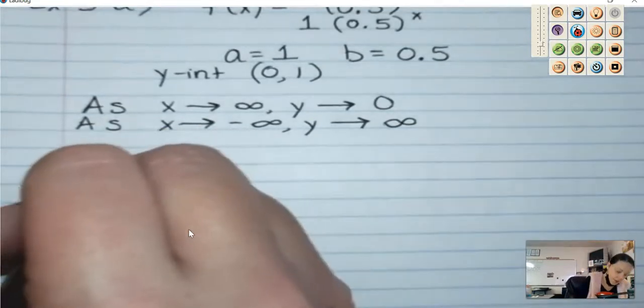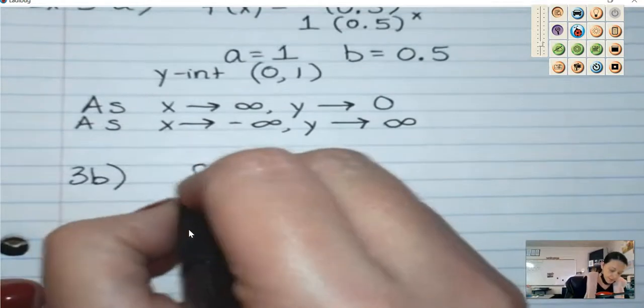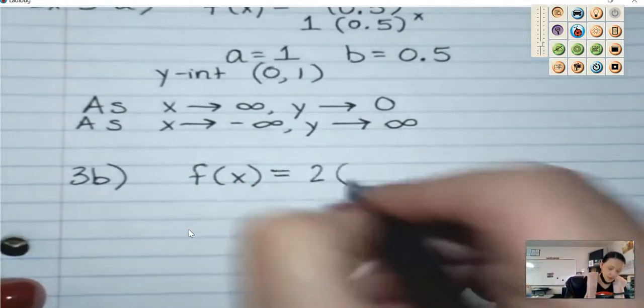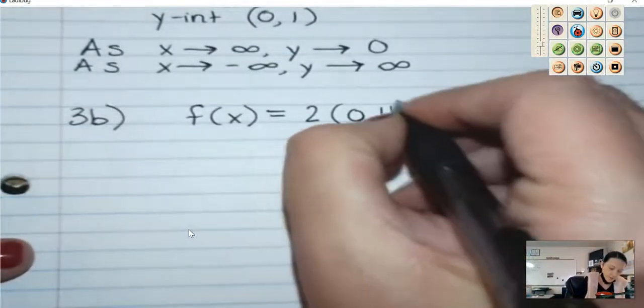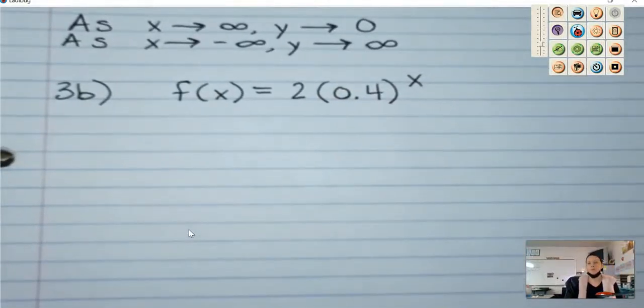Okay, let's try another one. F of x equals 2 parentheses 0.4 to the x power. Okay, see if you can figure out what's the a, what's the b, what's the y-intercept, graph it, and what's the end behavior.